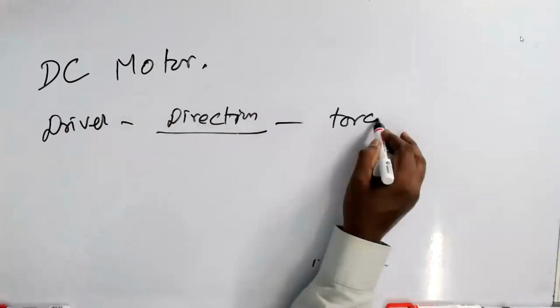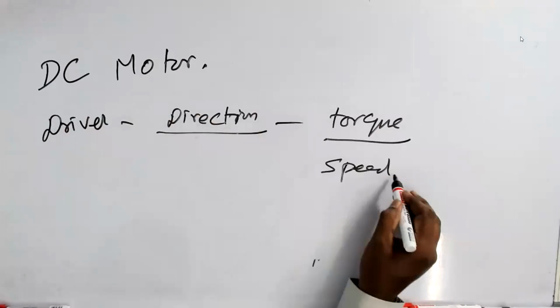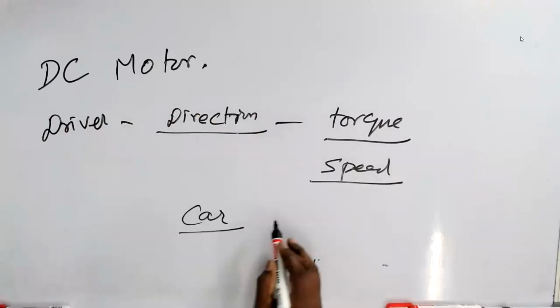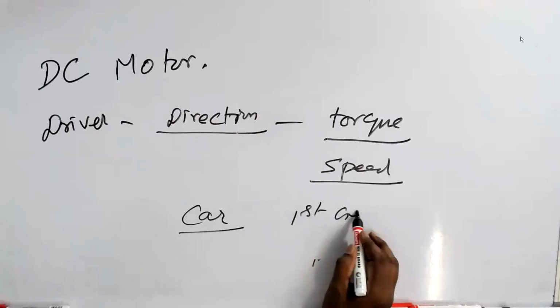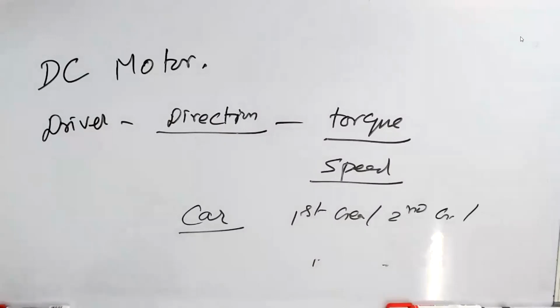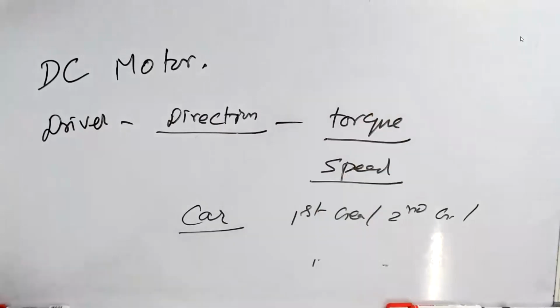Torque versus speed. You know that when you are driving a bike or a car, you have first gear, second gear, third gear, like that. Why do you have so many gears? What is the relation between torque and speed? Those things have to be understood by us very clearly.